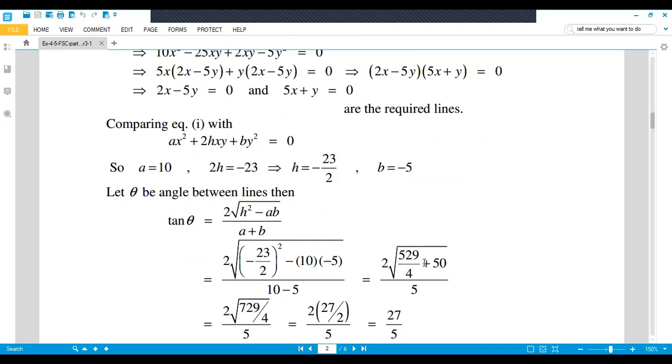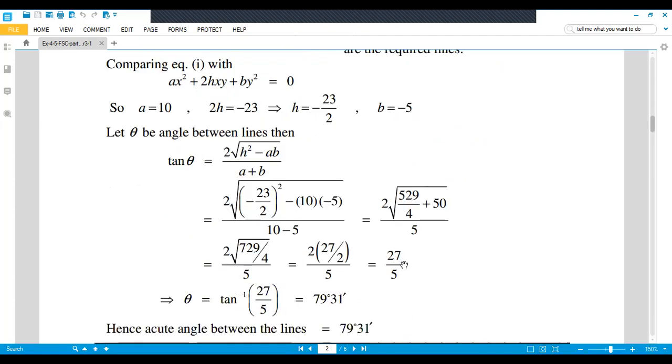So 5 tens are 50 divided by 5. Now you take the LCM of this. So you get 729 over 4. When you take the under root, you get 27 over 2. So 2 cancel. So you get 27 over 5. This is tangent theta. To find theta, tan inverse 27 over 5, that is 79 degree 31 minutes.